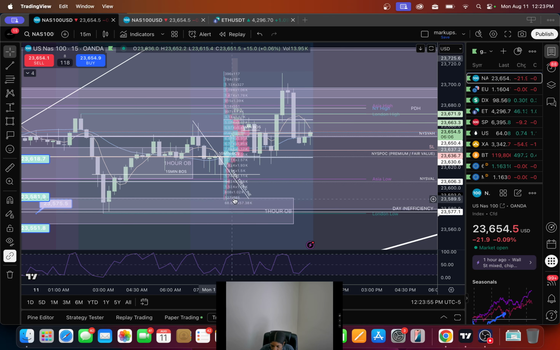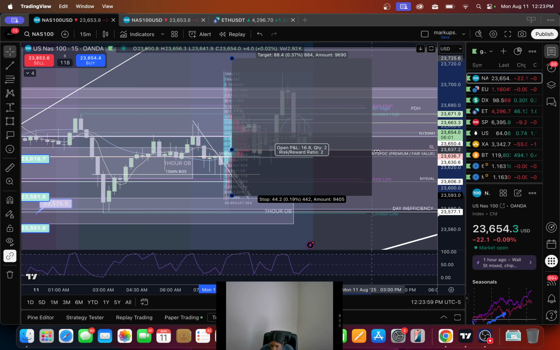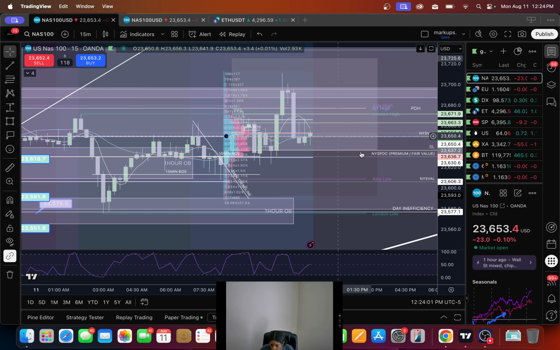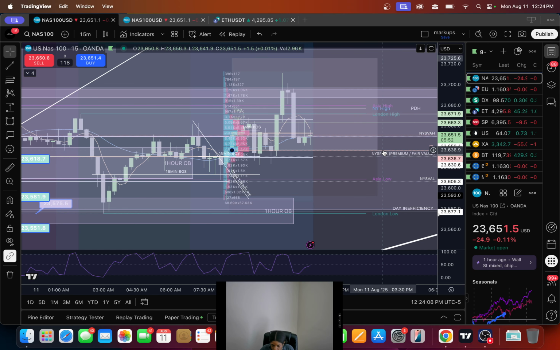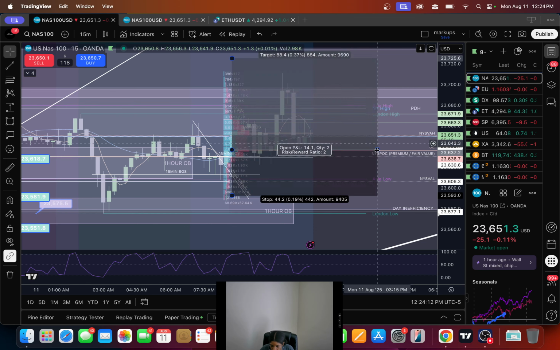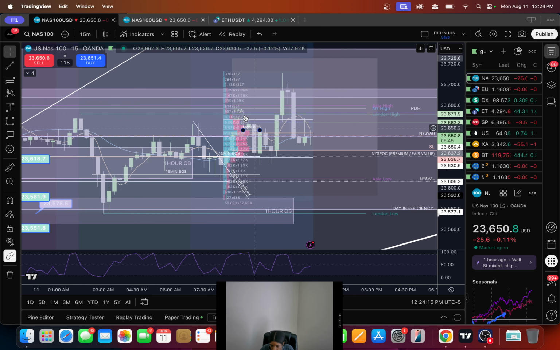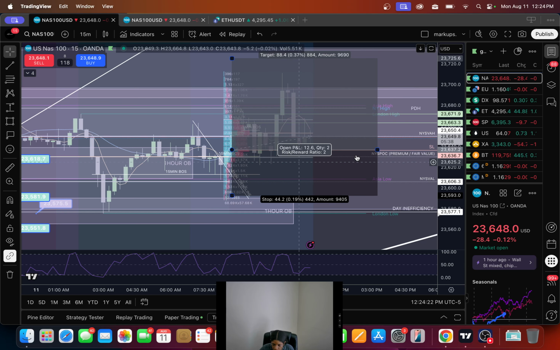So I'll just have to figure out how I'm going to do that, because this is the trade that I marked out, and if I had not moved the stop loss to break even and then trailed it and taken profit at take profit 2, when price began to retrace after hitting this London high, price would have knocked me out of the trade at my break even. So I have to decide how I truly want to approach that.